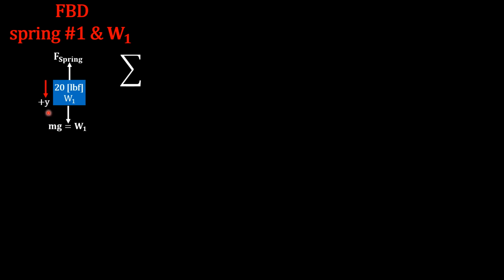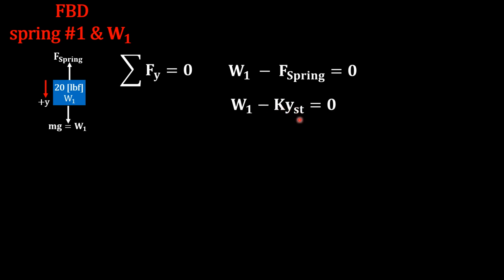And we said downward is positive y. So here, the sum of the forces in the y direction will equal 0, because it is at the equilibrium position. So downward is W sub 1 minus the force of the spring equals 0. The weight minus K times the stretch equals 0. So here, K1 is 60-pound force per foot.